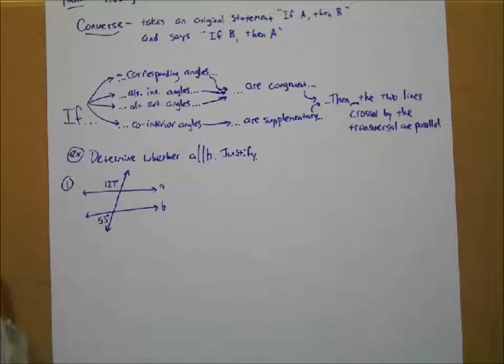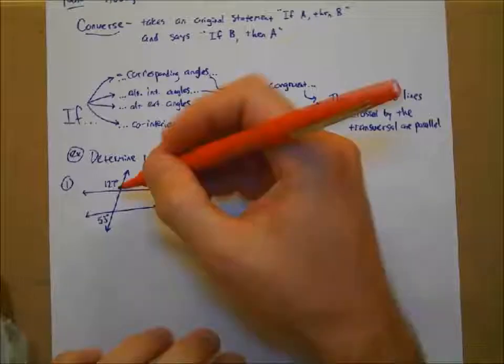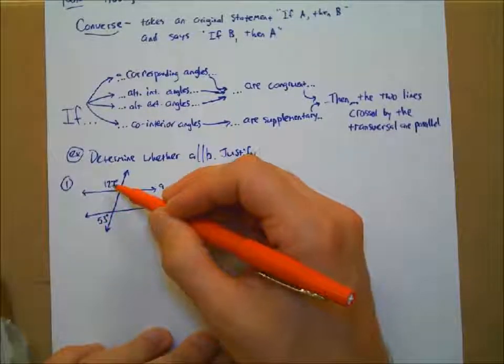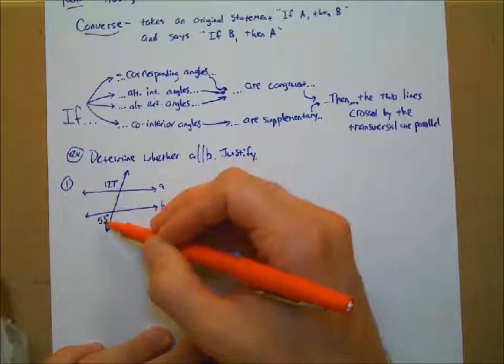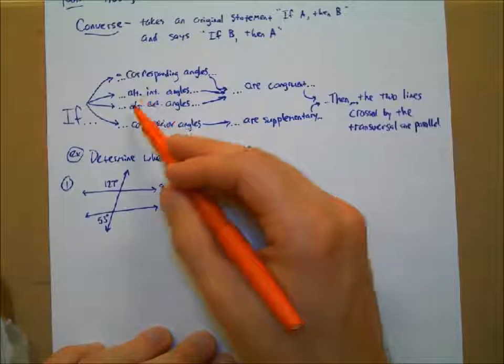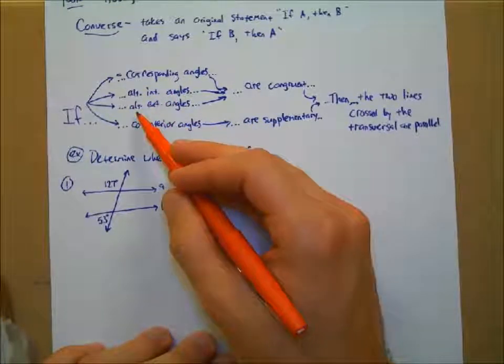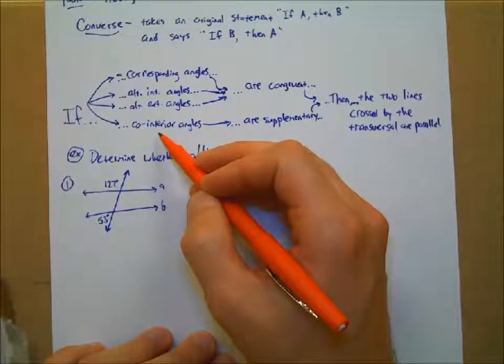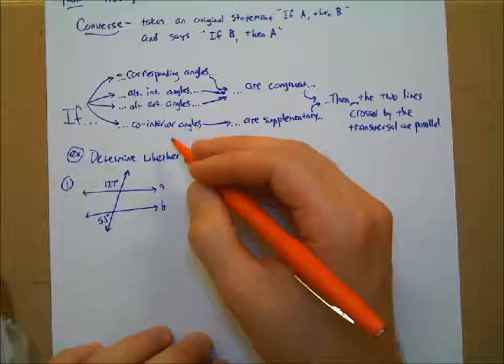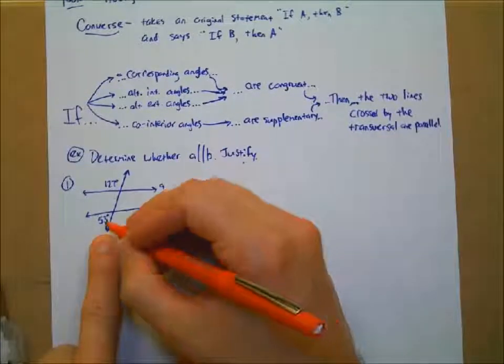Okay, so let me run us through this one here. Looking at this, I see that we can't immediately connect 127 and 53 degrees. That's not one of our special angle pairs, right? They're not corresponding, not alternate interior, not alternate exterior, and not co-interior. So I need to do some work here.